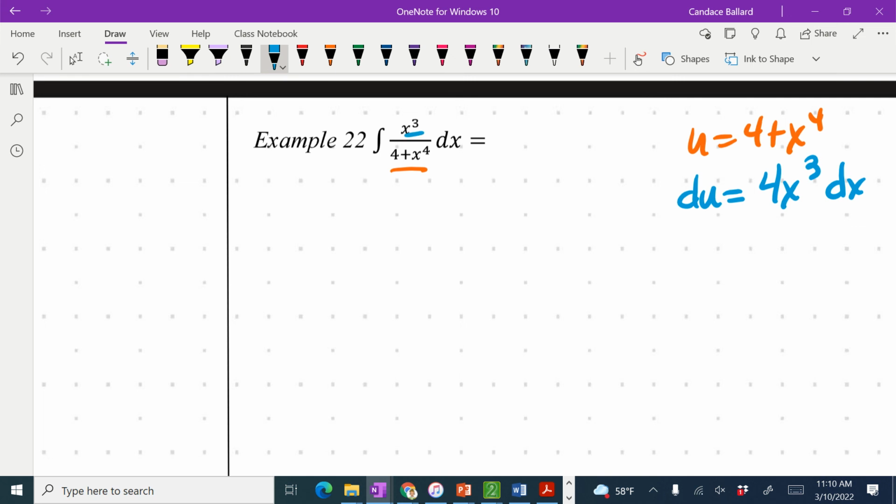I have the x cubed dx. What's missing? 4. So 4 to the top, 1/4 to the outside. So we got lucky it was U sub. We don't have to mess with arcs. Okay. All right, so I have 1/4 the integral. What's going in for the 4 plus x to the 4th? U, good. And then for the 4x cubed dx, I am getting du.